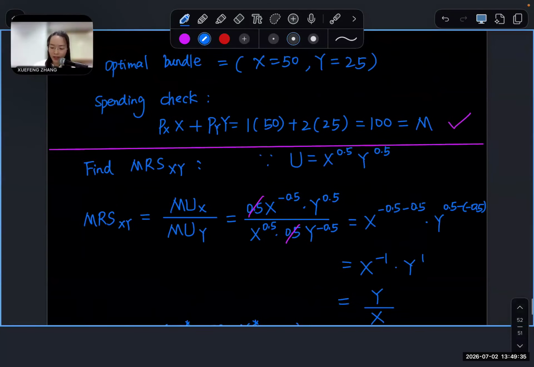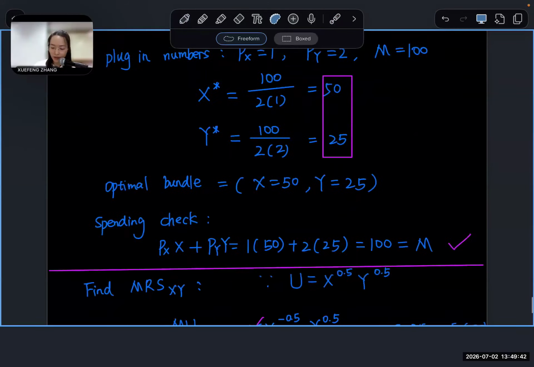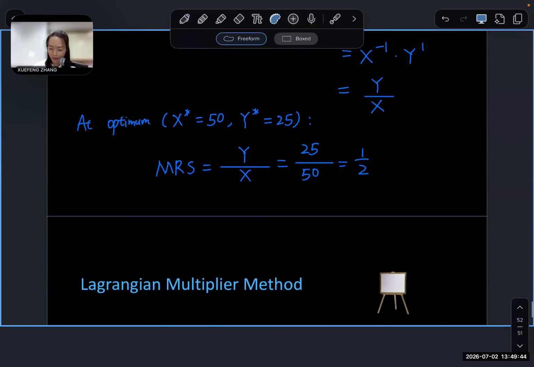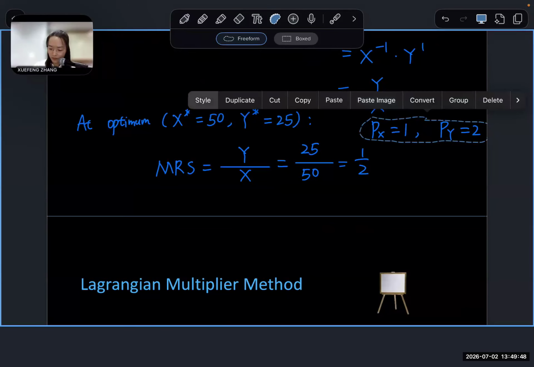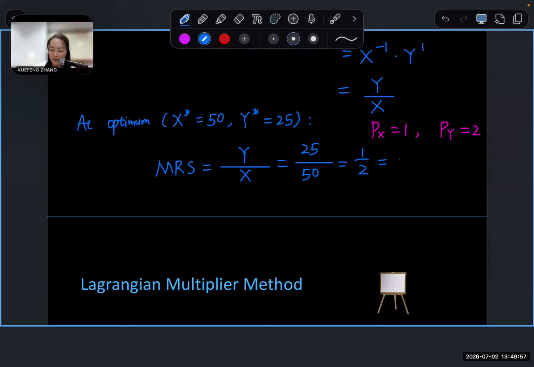And we also know the price ratio, price of x over price of y, equals 1 over 2. We double check, and it's correct.